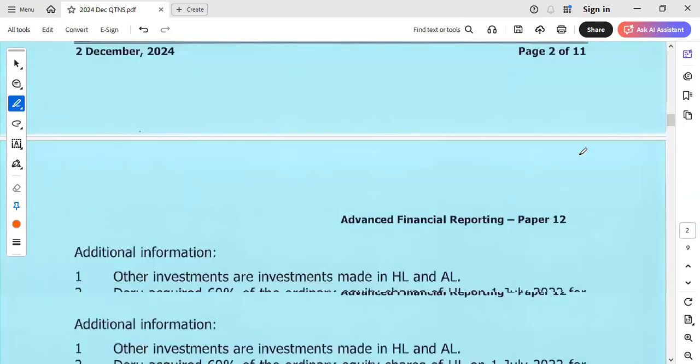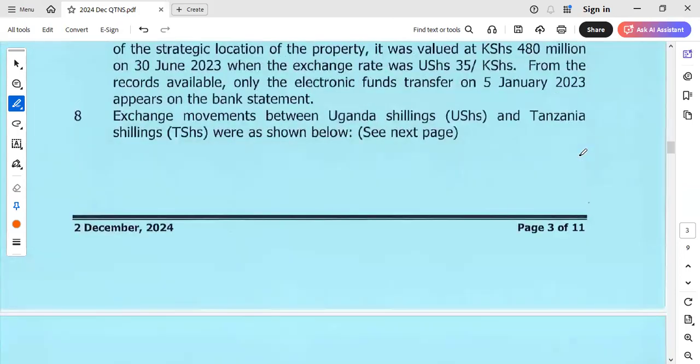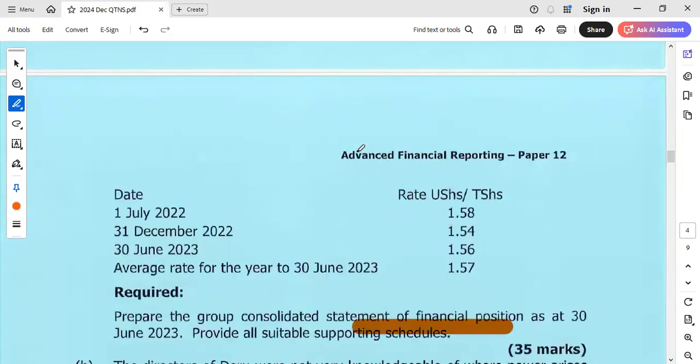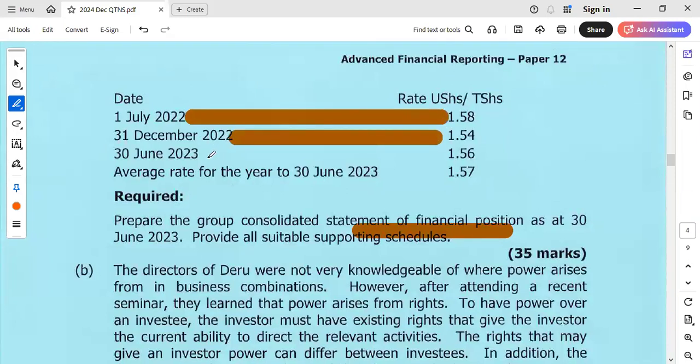And how do you translate? When you look at note number 8, they told us that exchange movements between Uganda shillings and Tanzania shillings were as shown below. So you have the exchange rates. This was 1st July, then this was 31st December 2022, then this is at year end, then this is the average.